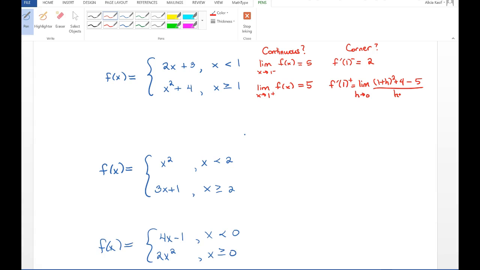Now it's just a matter of FOIL. So we get 1 plus 2h plus h squared, and that'll be a minus 1 when we combine. So I get the 1's to cancel, and I get to factor out an h, cancel the h, and we're left with 2.